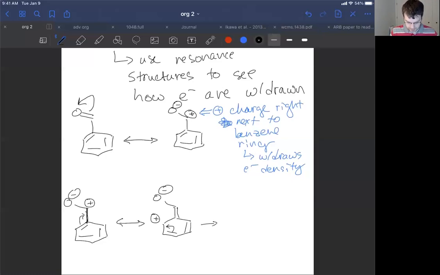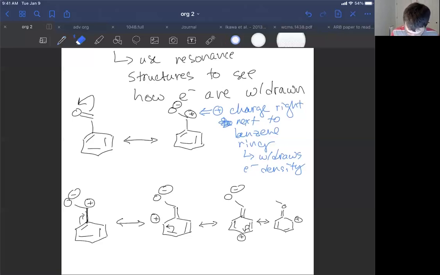And we can move that positive charge around, much like we move the negative charge around with an electron donating group. That is, we can move it from the ortho position to the para position just by swinging double bonds around to the other ortho position. Oh gosh, that got ugly there.